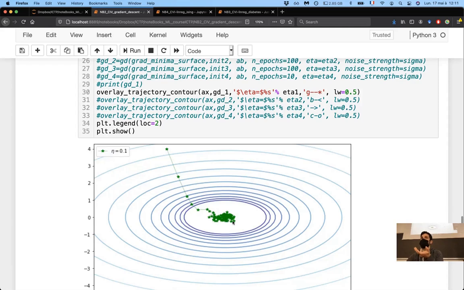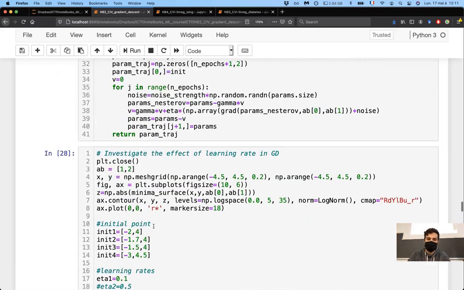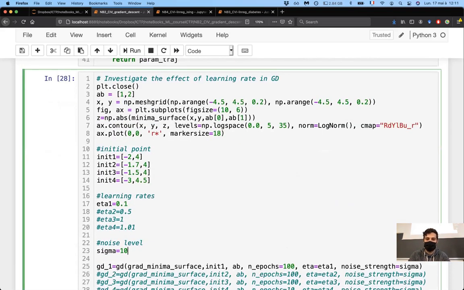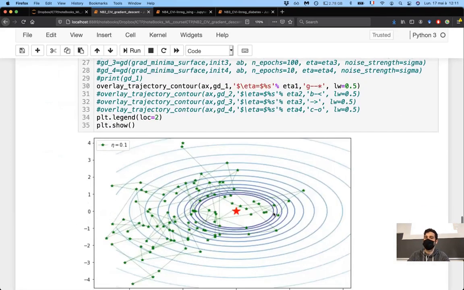Because the clean gradient without noise is almost zero. You are at the minimum. So the only source of change of gradients here is the noise that we are adding artificially. And we see indeed that we are fluctuating around the minimum. But this can be useful if you had a very fine grained structure close to the minimum. Here, you would explore what is going on around this minimum. If you put too much noise, it starts to be a complete mess. You are not following the gradient anymore at all.